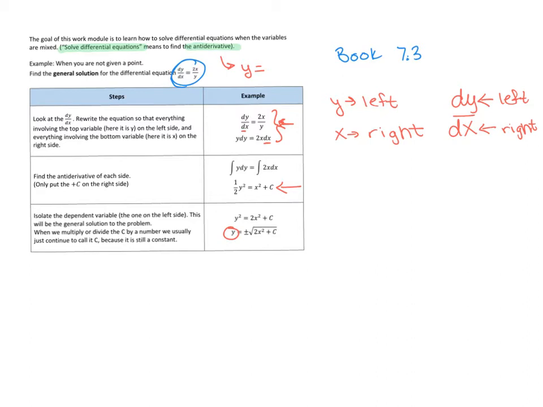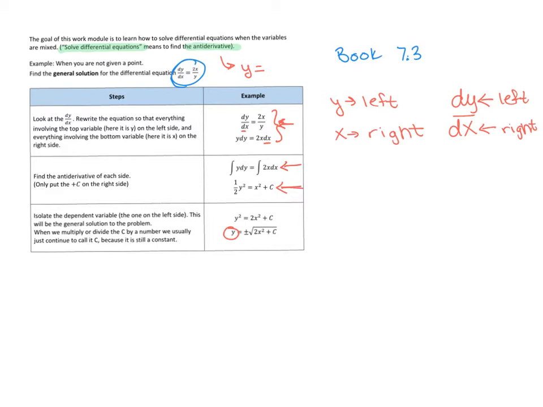And this whole process is called integration by separation. So that's the goal. What we do once we have our variables separated is we take the integral of both sides. That's what this step says. By take the integral, that means find the antiderivative. So we separate our variables, and we find the antiderivative of each side separately.